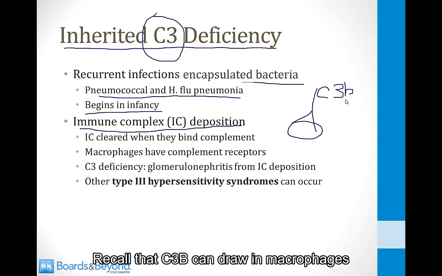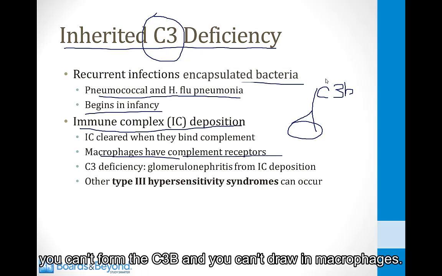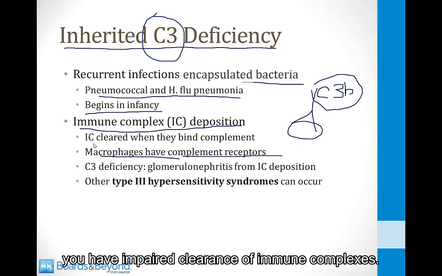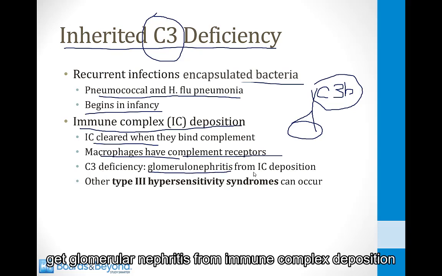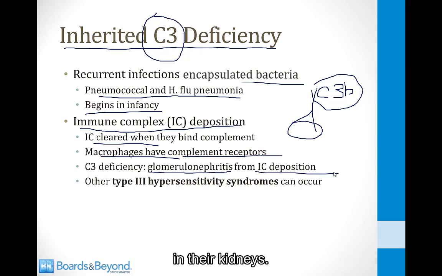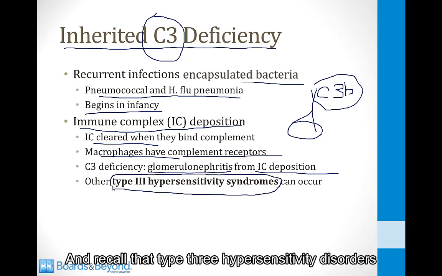Recall that C3b can draw in macrophages because they have complement receptors. So when you're deficient in the complement system, you can't form this C3b and you can't draw in macrophages, and as a result, you have impaired clearance of immune complexes. So children with an inherited C3 deficiency get glomerulonephritis from immune complex deposition in their kidneys. They also have higher rates of other type 3 hypersensitivity syndromes, and recall that type 3 hypersensitivity disorders always involve immune complex formation.